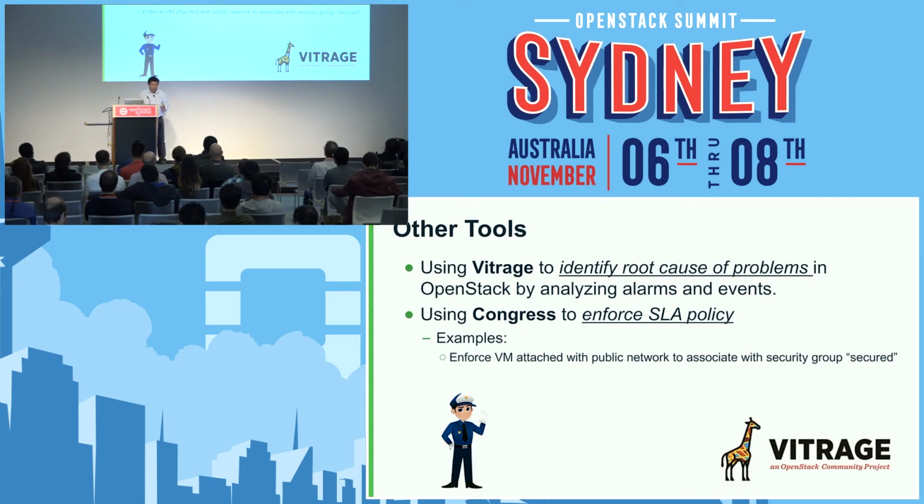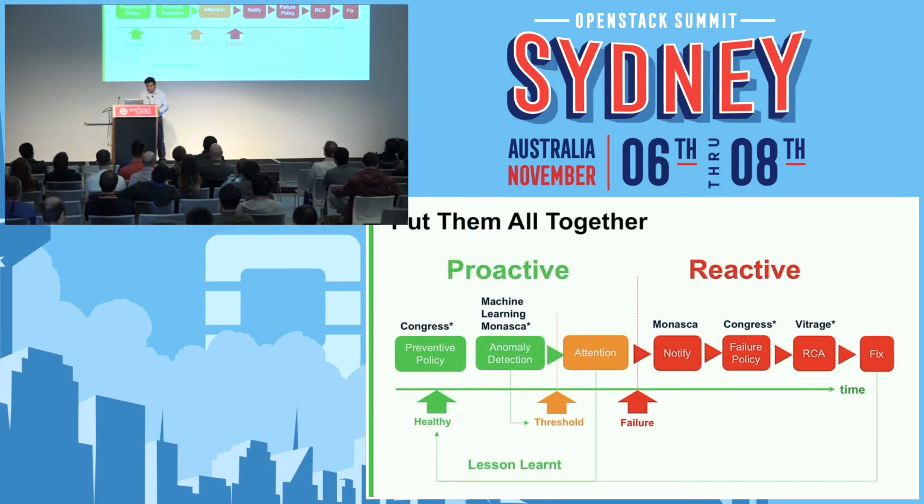When we put these two together, we will have the whole complete monitoring strategy. Basically, here is the time, and here is the healthy state of the system; you start from there. You put up with Congress some preventive policy to make sure all operations will comply with what you want the user to do.